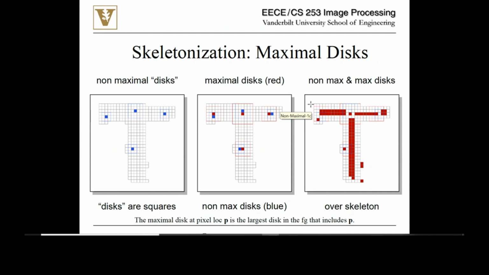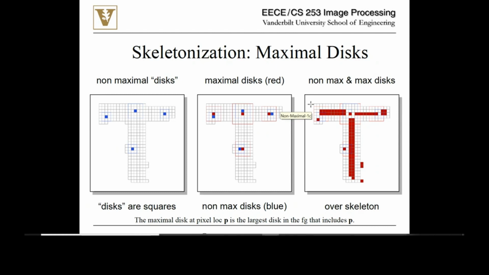Okay, good. Now, are they maximal disks? No, they are not, because I have a radius 1 here, but I can find another center of a disk of radius 2 that contains this one. So this is not maximum. Okay, so I can find another pixel that is the center of a disk of radius 2, and it contains this one of radius 1. So this one of radius 1 is not a maximal disk.